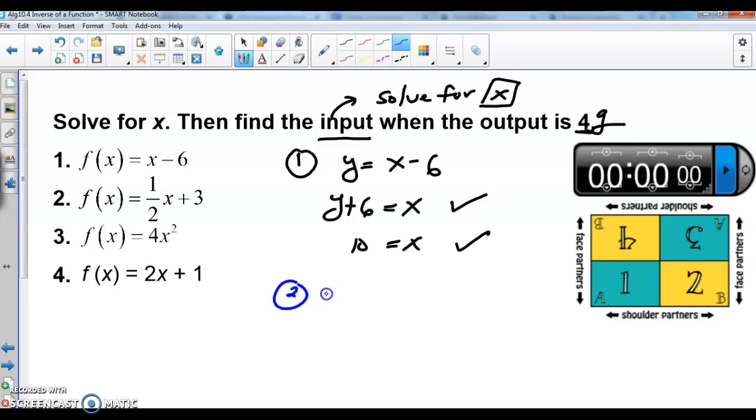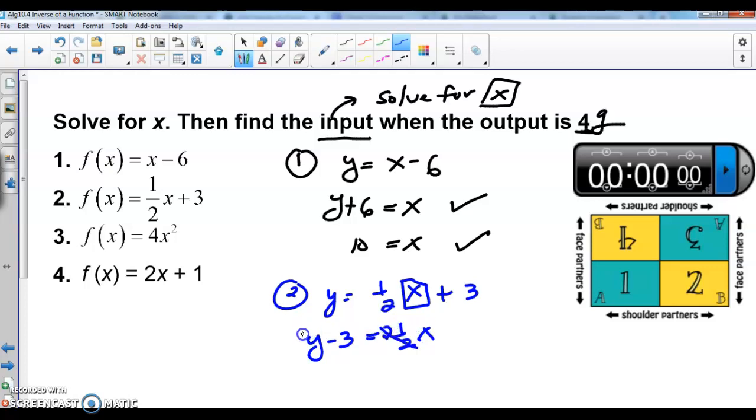Okay, let's try number 2. Changing f of x to y, we have y is equal to half x plus 3. Now let's get the x by itself. How do you do that? Move the 3 over, you get y minus 3 is equal to half x. And then how do you eliminate the 1/2? You multiply both sides by 2.